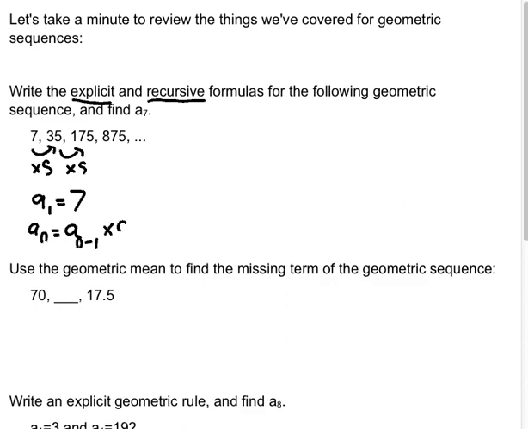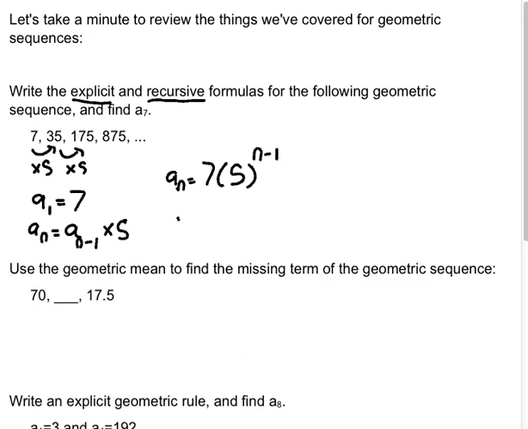In this case, I'm going to multiply by 5. Explicitly, you take that first term and you just multiply by the rate to the n minus 1 power.